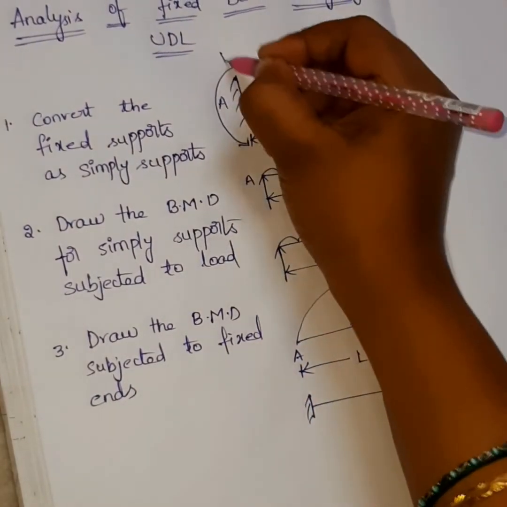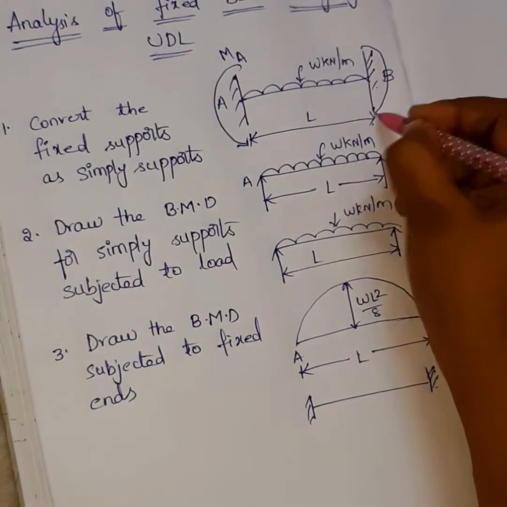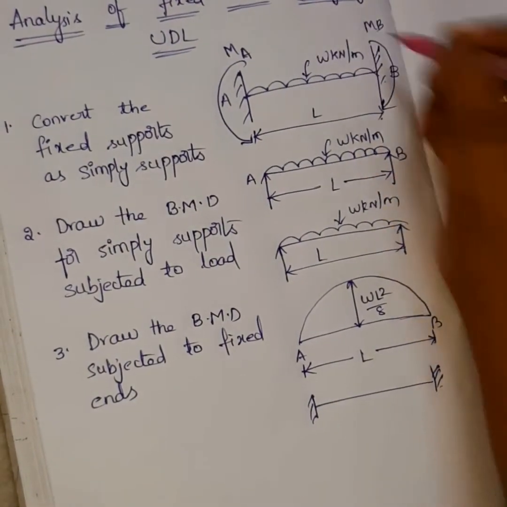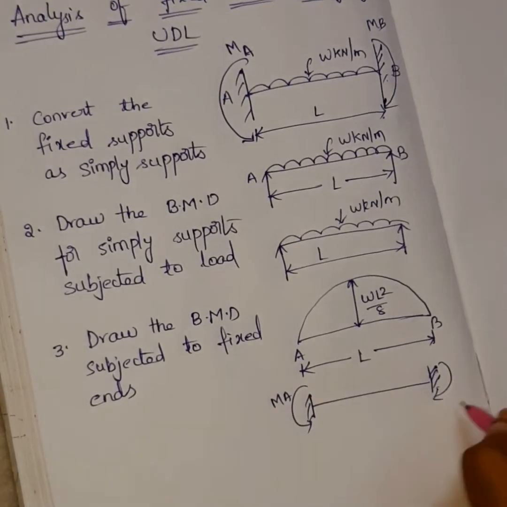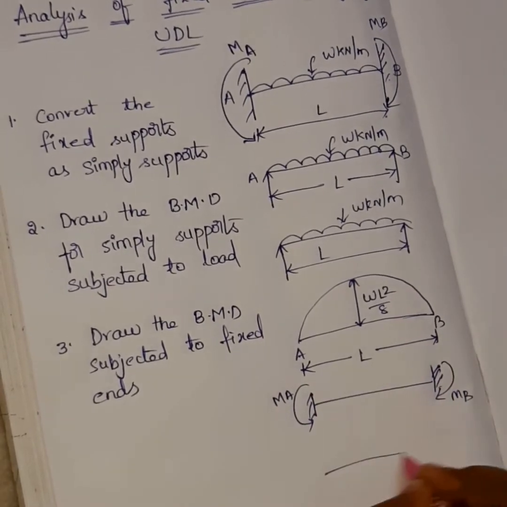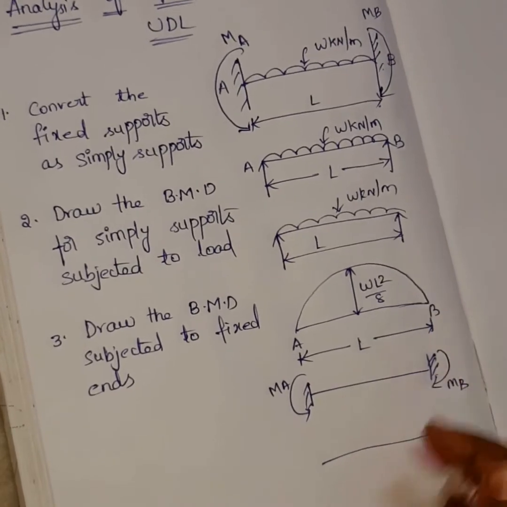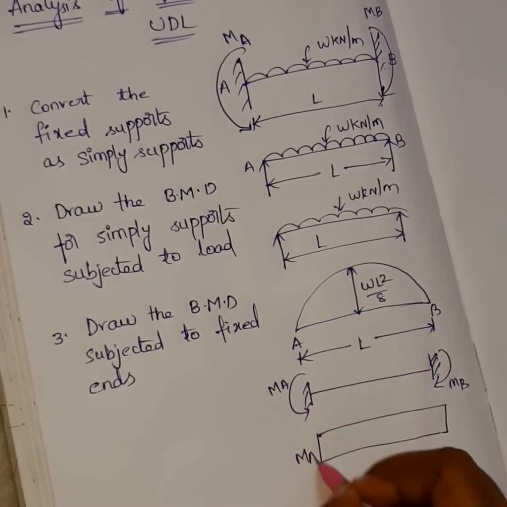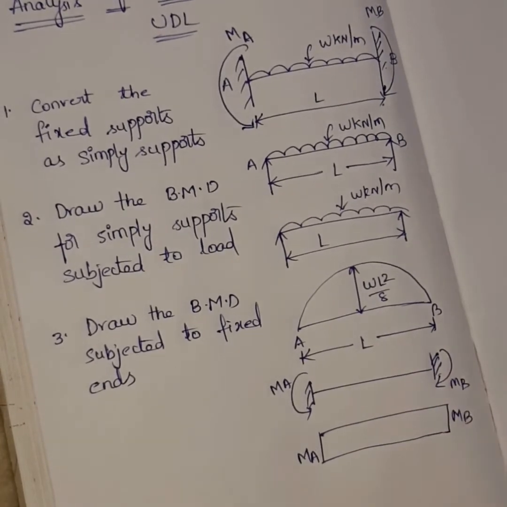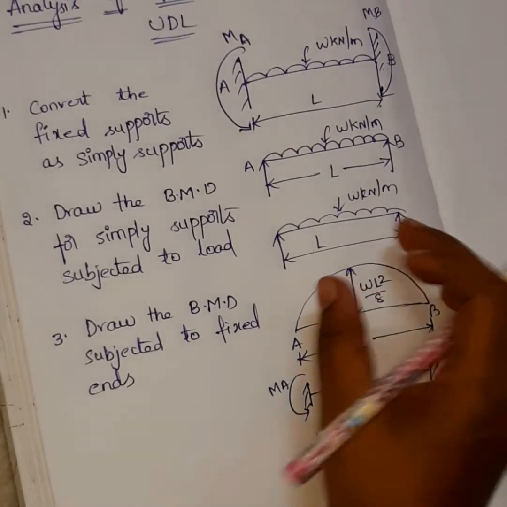This is the moment at A. Hogging will take place at the moment. So how will the diagram come? These both are symmetrical, so it will come as a rectangle. This is moment at A and this is moment at B.